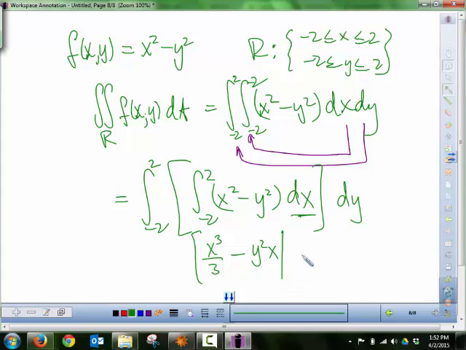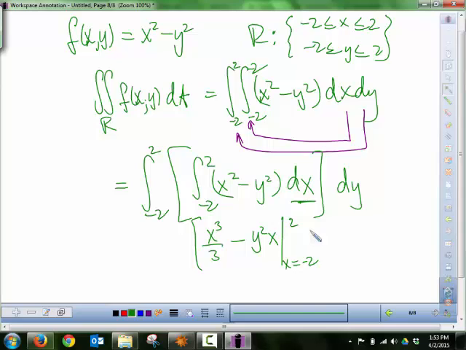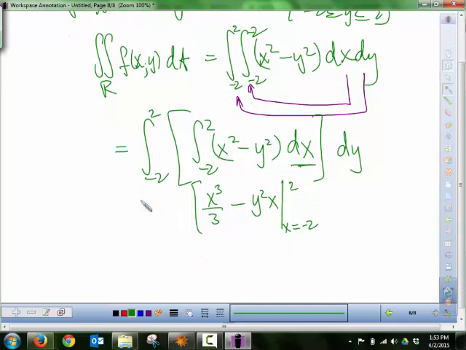And for this, a lot of times it's clear what you're working on, but just in case it's not clear, when you're putting the limits, make sure you include the variable just for your own sanity. And continue to work this out. And here we're going to put the value of 2 in for x and no values for y yet, so y is just going to be left alone.